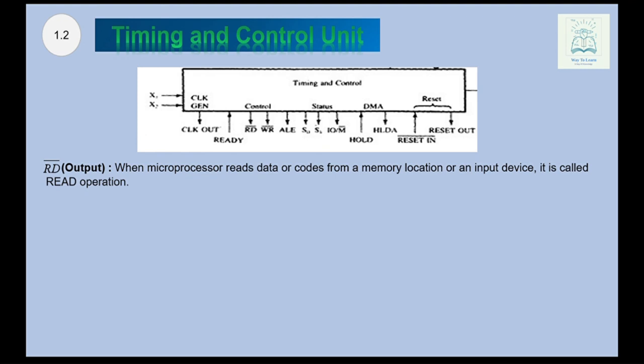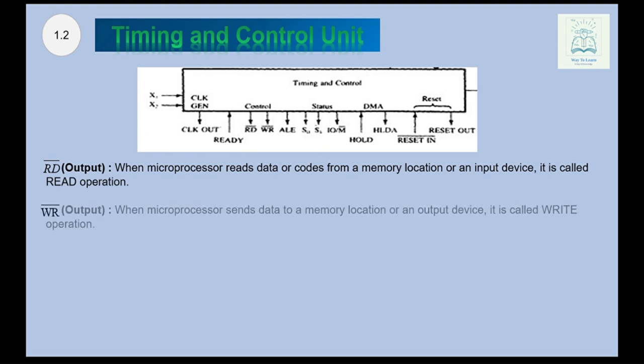WR bar, when the microprocessor sends data to a memory location or an output device, it is called write operation. WR bar is a signal sent by the microprocessor to the memory or output device to control the write operation. When it goes low, the data which is on the data bus is written into the selected memory or sent to the output device.